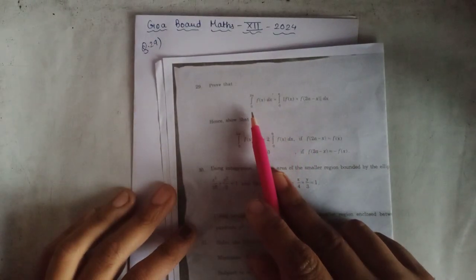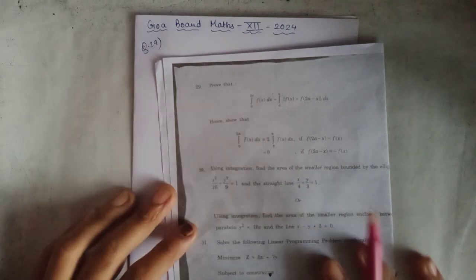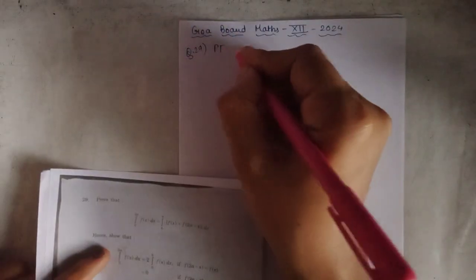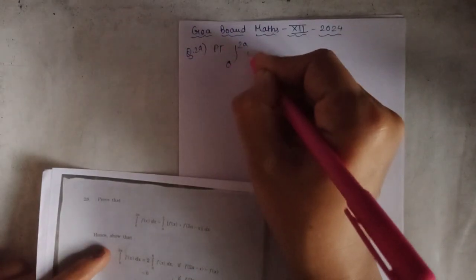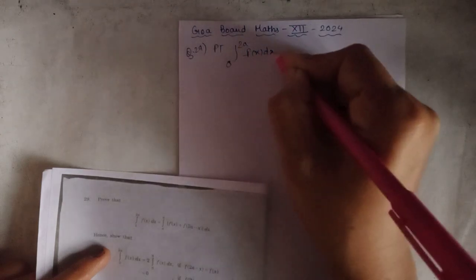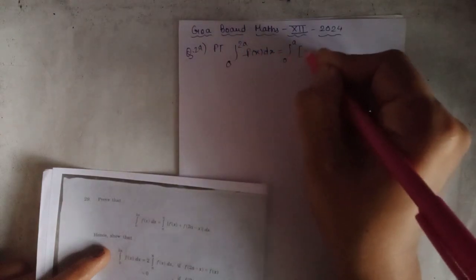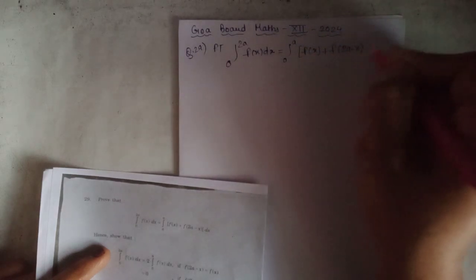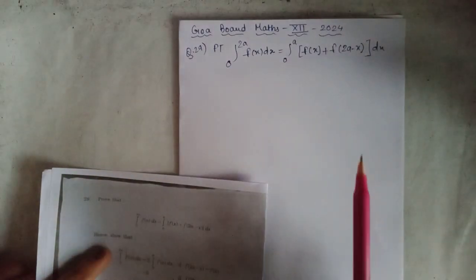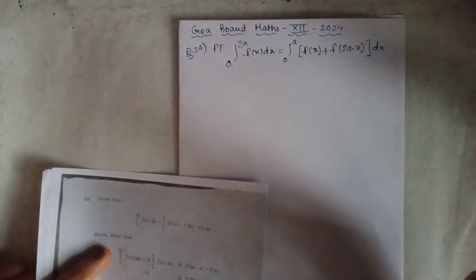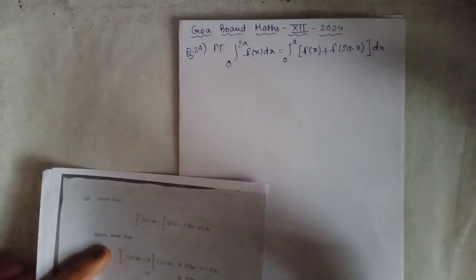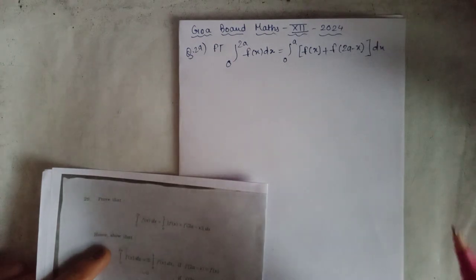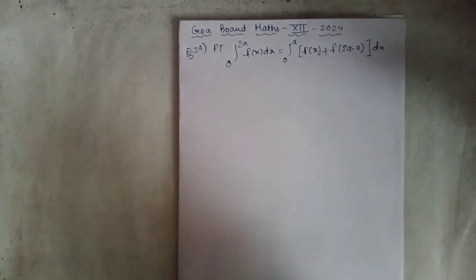You have to prove that the integral from 0 to 2a of f(x) dx equals the integral from 0 to a of [f(x) + f(2a - x)] dx. You show this by taking f(2a - x) equal to f(x) and f(2a - x) equal to minus f(x).